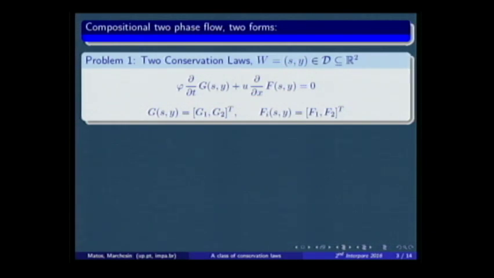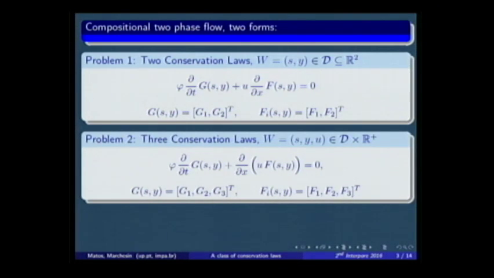This is the Darcy law. And I will compare it with another that has three conservation laws, where the Darcy law is not any more constant, so he must be here. And we get three conservation laws. The problems are quite similar, so I will solve them together.